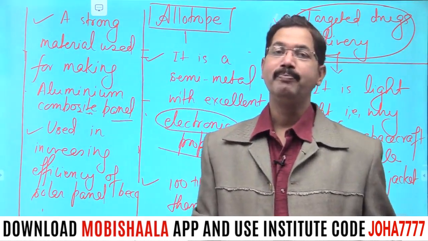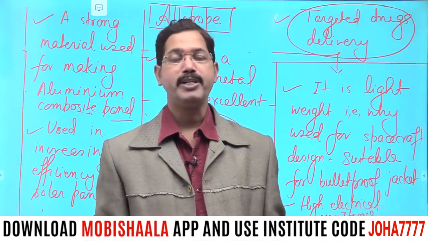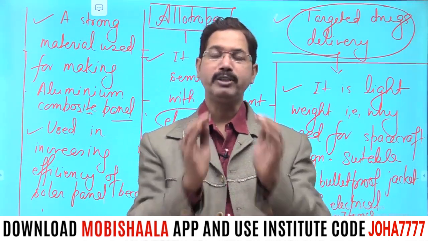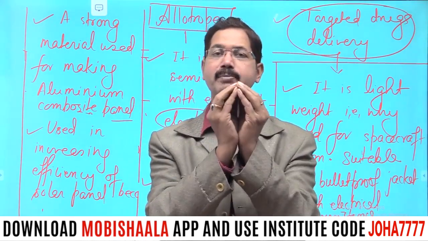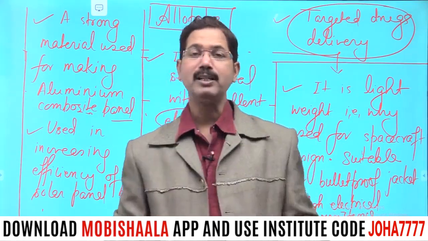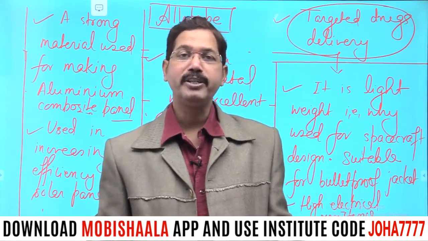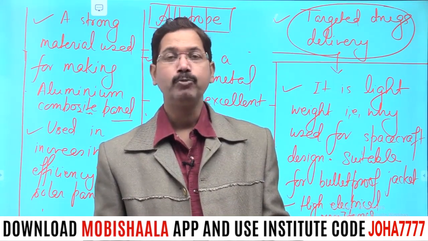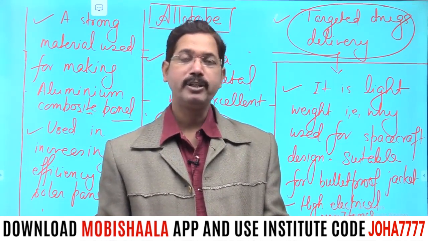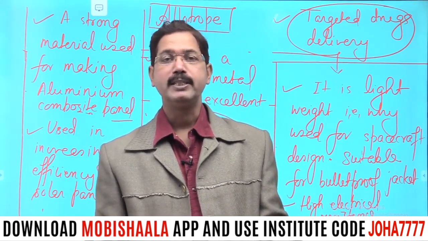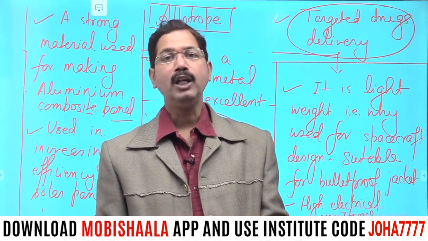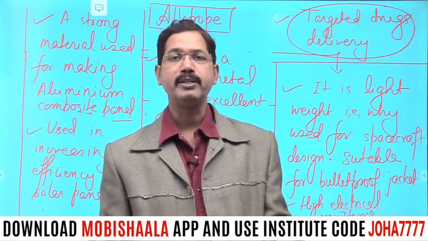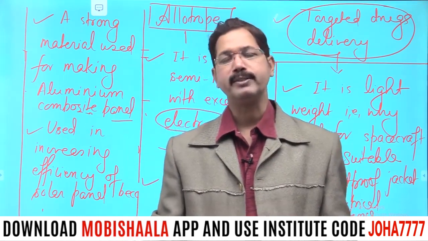Simple carbon, because of nanotechnology, because of converting the large carbon material into smaller particles, the surface area increases, and because of that electrical, magnetic, fluorescence, and reactivity properties all change, and it has a wide spectrum of uses.